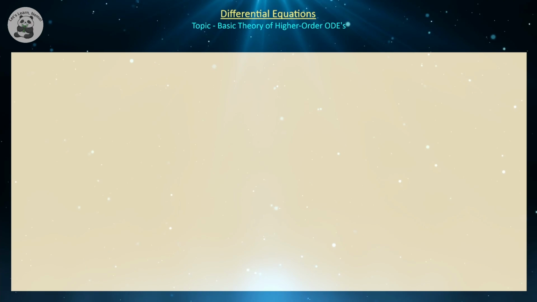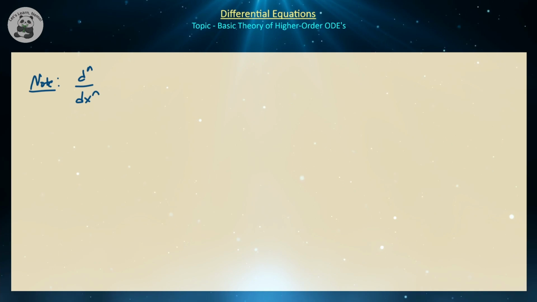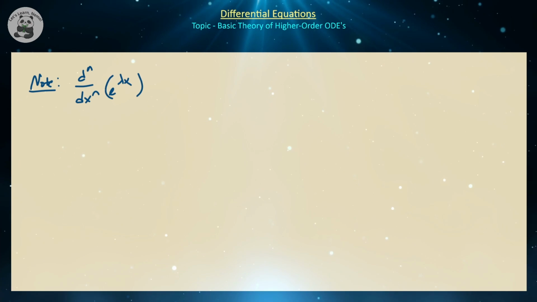Now, there's a couple important things that I want to mention about these constant coefficient linear higher order differential equations. In particular, the next point that I want to make is just a review of an important part from differential calculus. If you take the nth derivative of an exponential function with a rate parameter lambda, one can find that that's just going to be equal to lambda to the n times e to the lambda x.